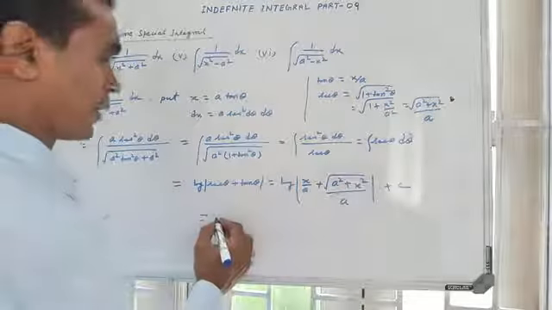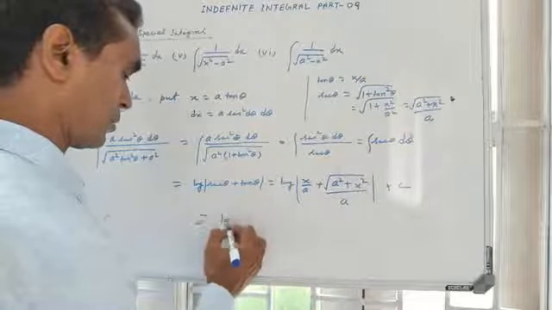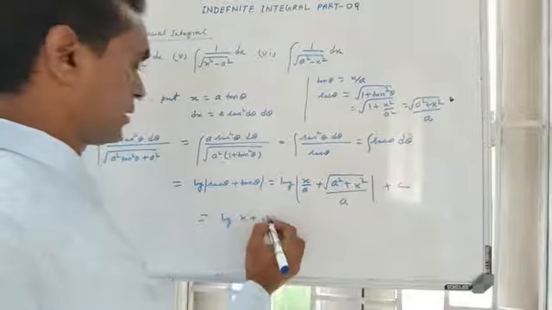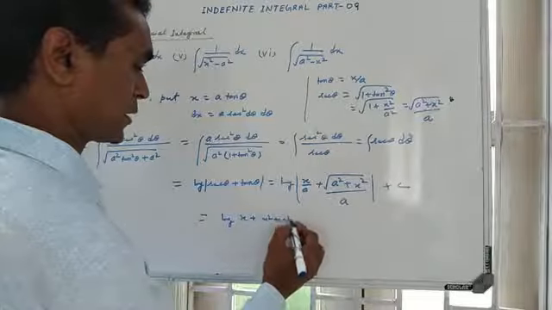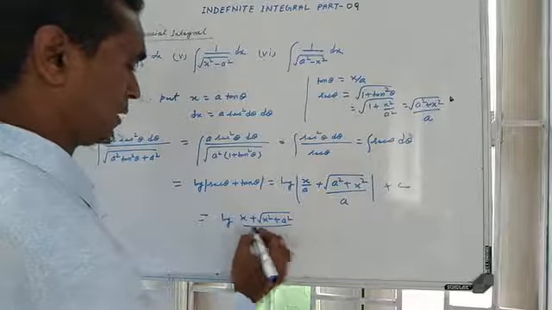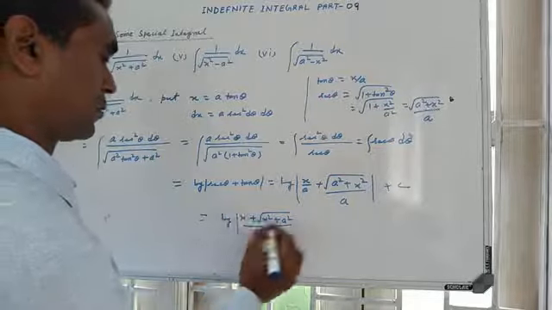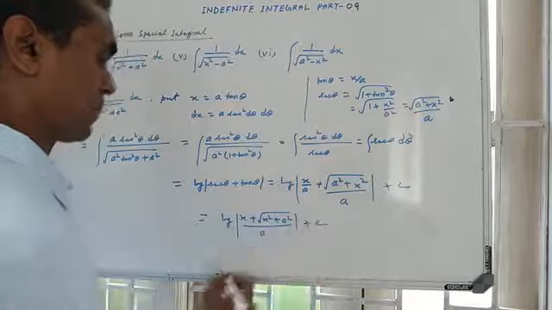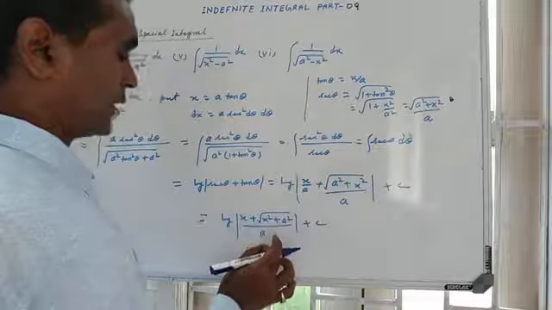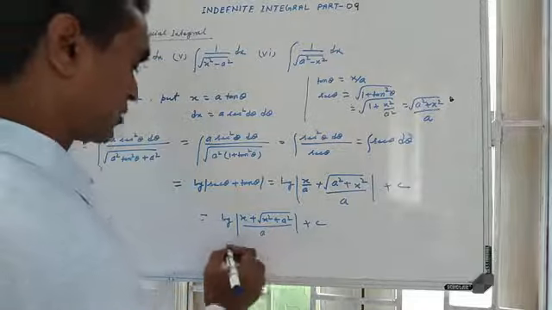If you simplify further, log of x plus root of x square plus a square, this whole divided by a, plus c. Now log m by n equals log m minus log n.